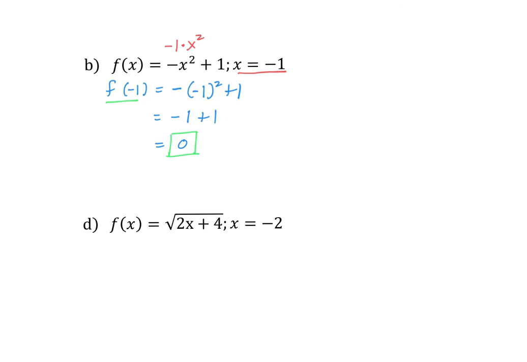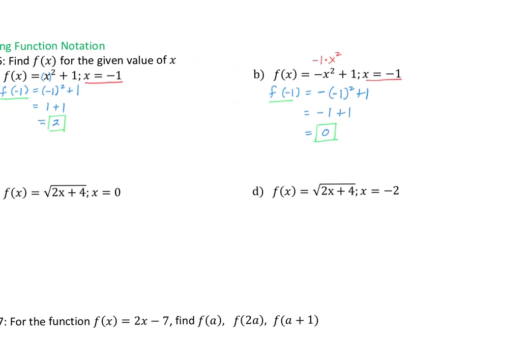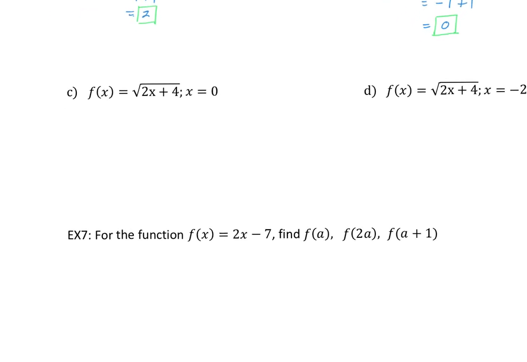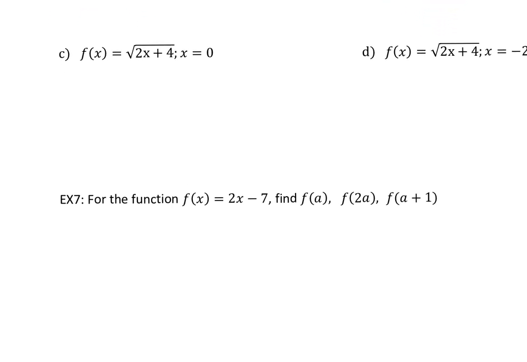So slight difference in A and B. So just be careful about the negative, especially in front of a variable x with an exponent other than 1. We'll move on to a couple more examples.